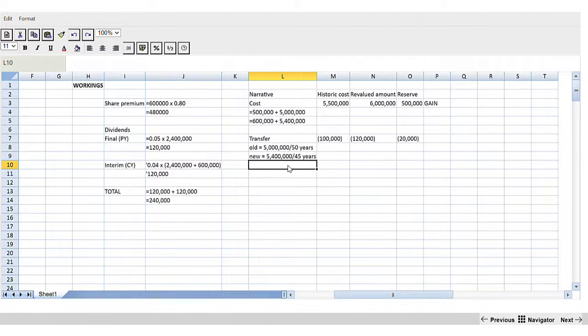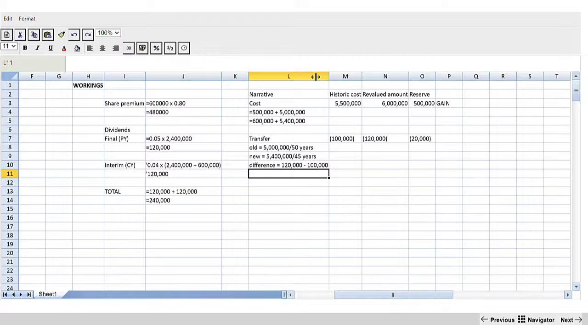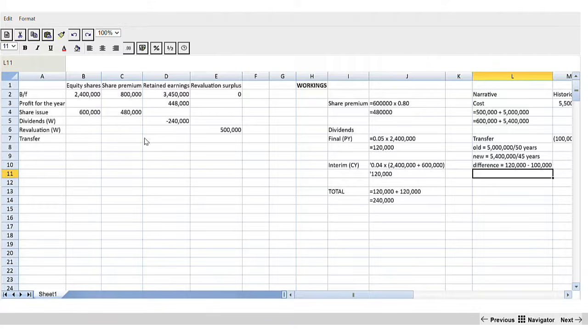And again, it might sound daft, but show what you have done in case you make any mistakes. The difference is 120,000 less than 100,000, isn't it? Okay. There you go. So that 20,000, that's your reserve transfer.